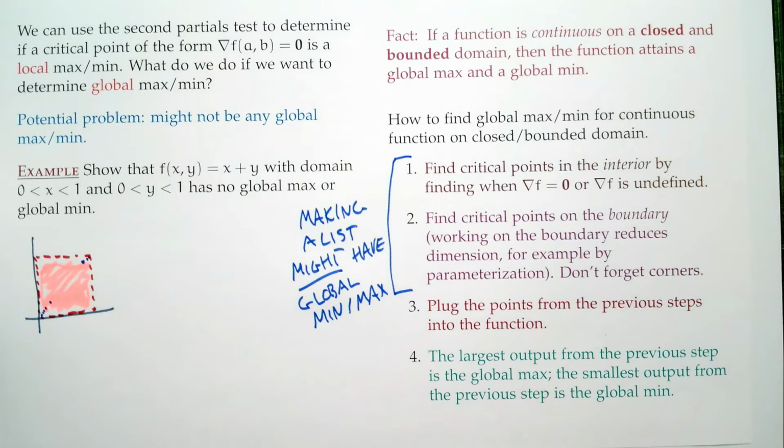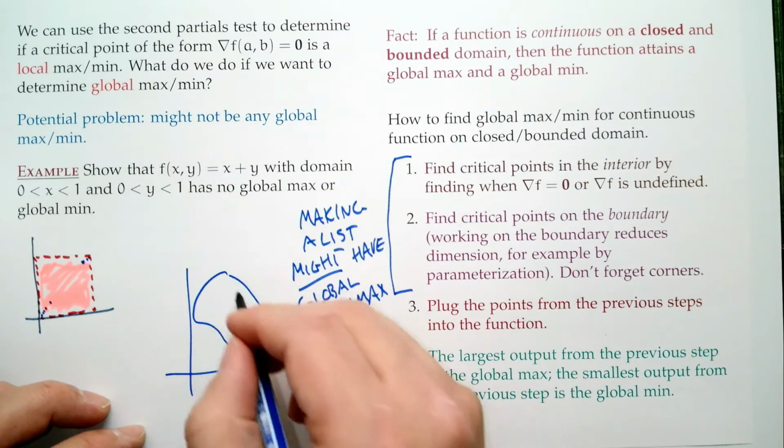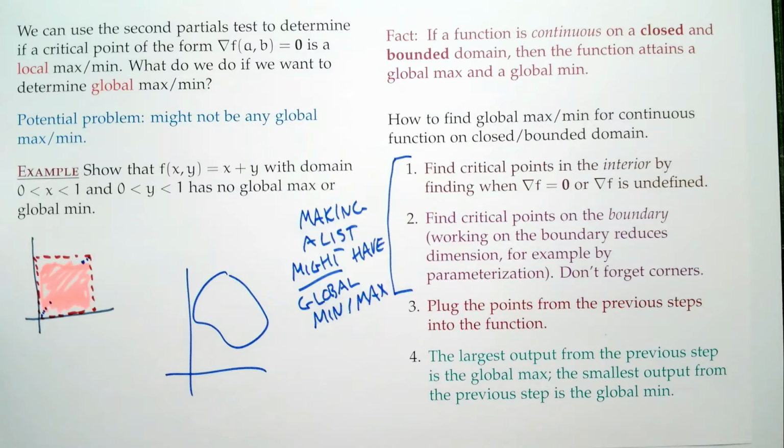The second place to look is on the boundary, because remember critical points are where the gradient is 0, the gradient is undefined, or you're at the boundary, where you have that inability to move freely. There are restrictions. Now how do you actually work on the boundary? If I have a two-dimensional domain, let's sketch a different one.